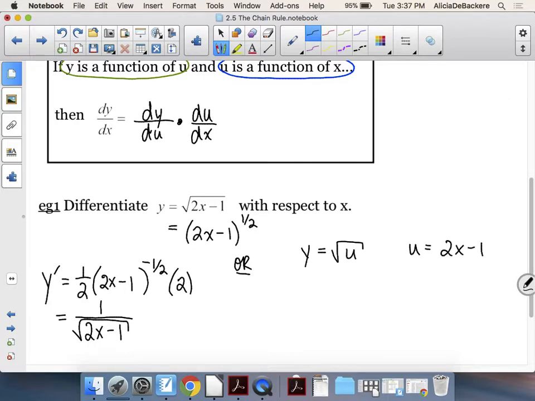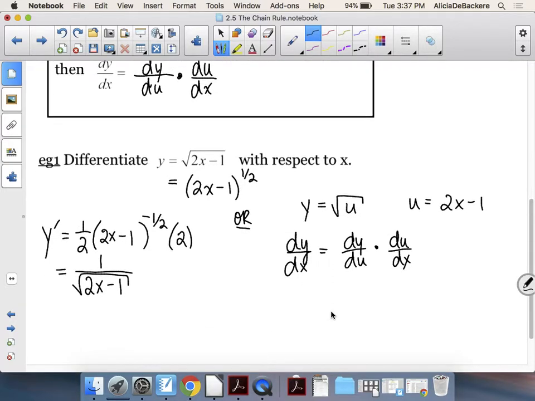So I'm going to take the derivative of the mother and leave the baby inside, leave the u, and then take the derivative of the baby. So here dy/dx is going to be equal to the derivative of y in terms of u, the derivative of the mother with the baby inside, times the derivative of the baby in terms of x, the derivative of u in terms of x.